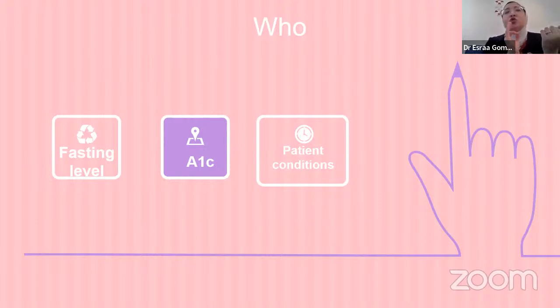Even if he is uncontrolled, you have to check his A1C. If his A1C is also uncontrolled, this patient could be in danger. This patient could be in a sepsis situation or septicemia. This patient could be vulnerable to destructive infection.